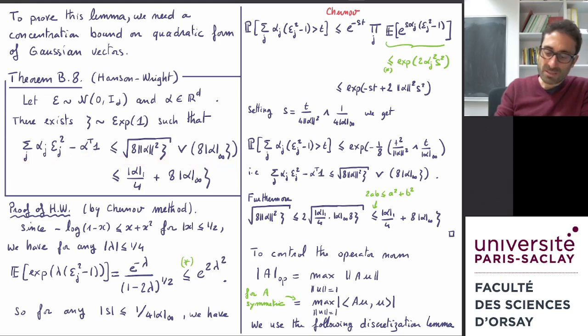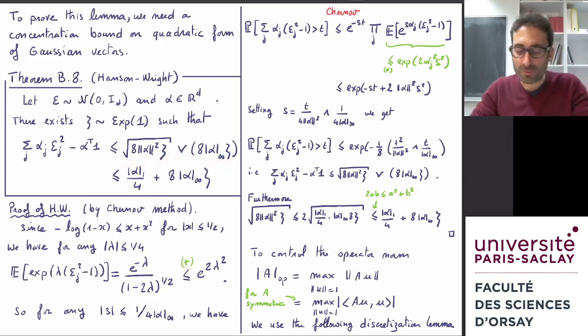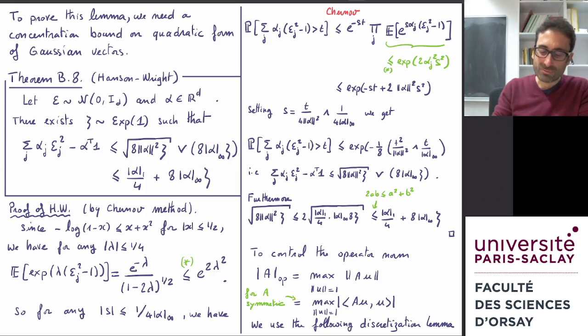The first quantity is the square root of 8 times the square of the norm of alpha times xi, and the second term is 8 times the sup norm of alpha times xi. Okay, so this is simply the largest value in absolute value of alpha j. It will be convenient to use a bound which is not as good as this one, which will be the second bound.